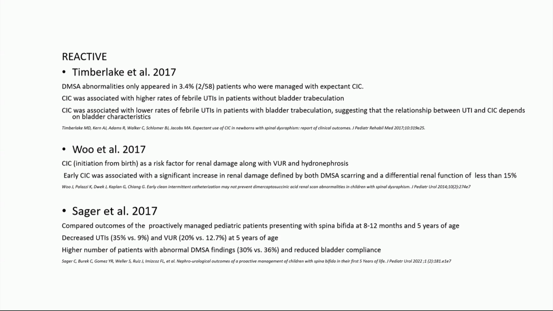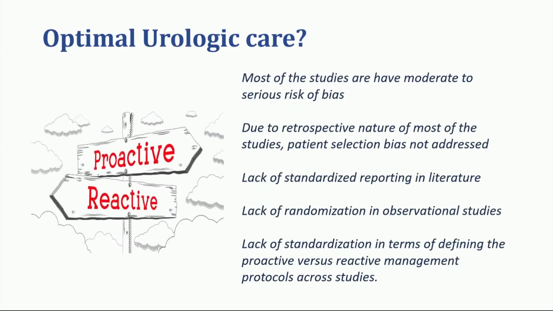Sager et al. in 2017 compared outcomes of the proactively managed pediatric patients presenting with spina bifida at 12 to 18 months, and then they followed up these patients again at 5 years of age, and they found that although there was decreased UTI and VUR, a higher number of patients had DMSA abnormalities and reduced bladder compliance. However, there was no comparator group in this study, so how reliable the results are is not sure.